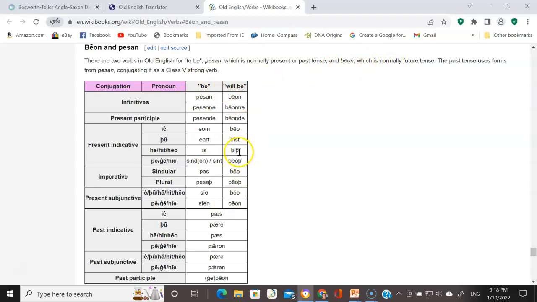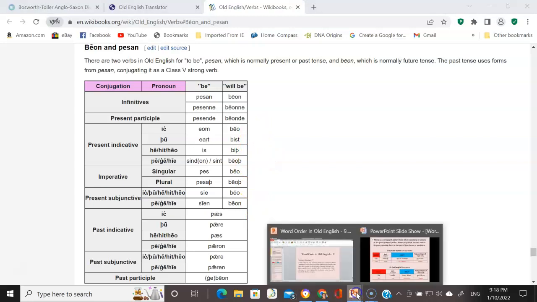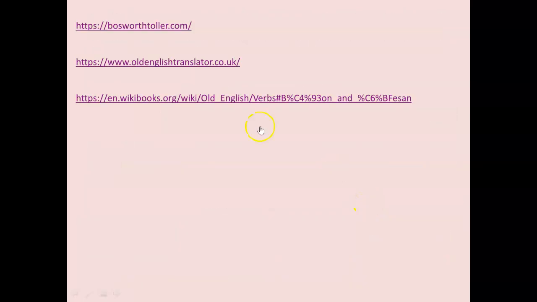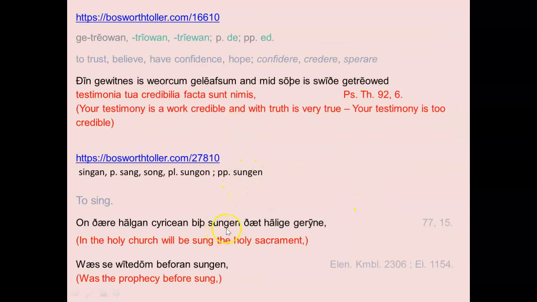So bith is in a sense will be. And so that's why the subjunctive appears here. Bith will be. This is a future tense sense here. So it's a hoped for.